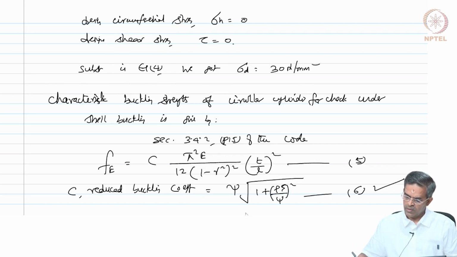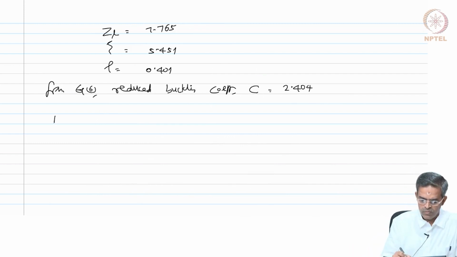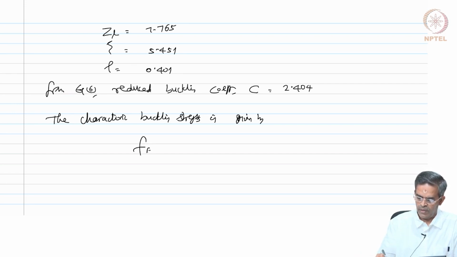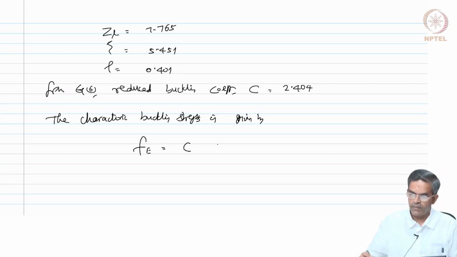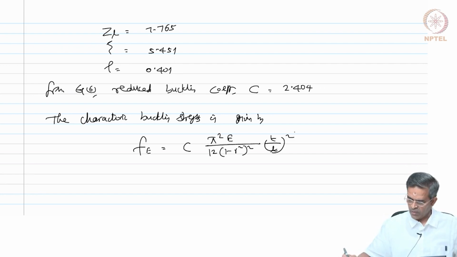You can see in this equation we know all the values, so you can substitute and get C. Now, the characteristic buckling strength is given by Fe, which is equal to C times pi square E by 12 (1 minus nu square) of T by L the whole square. That is the equation we have.